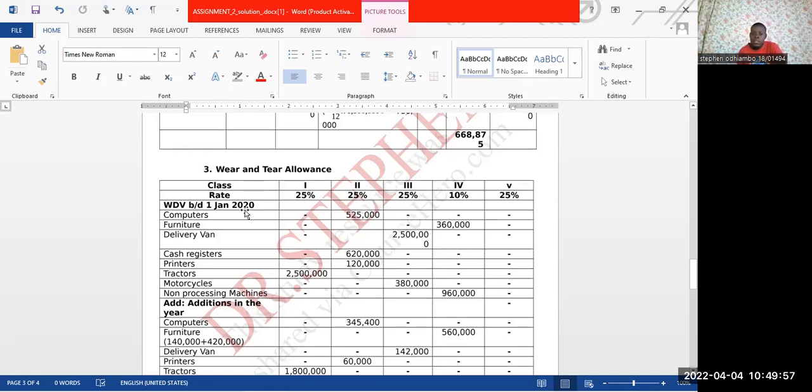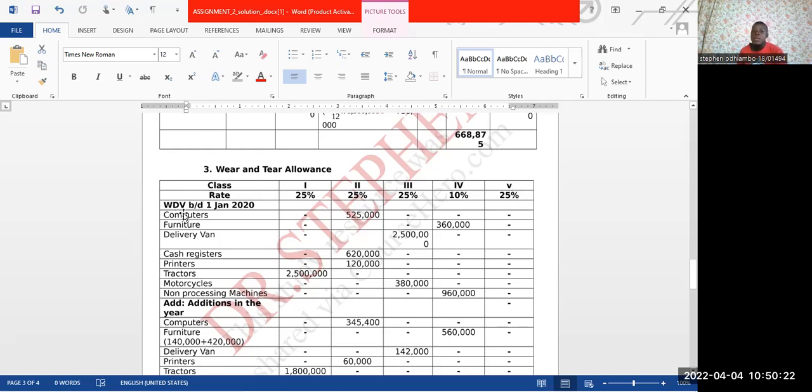You can see each and every asset has its class. Class 1 always has a 25% rate, class 2 25%, class 3 25%. It is only class 4 that is always charged at a rate of 10%. Then class 5 we have 25%.